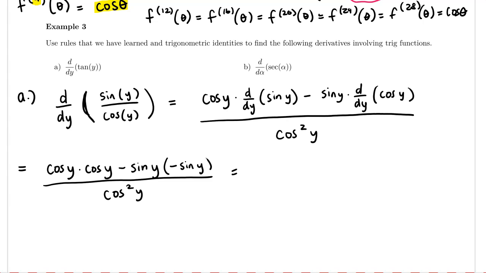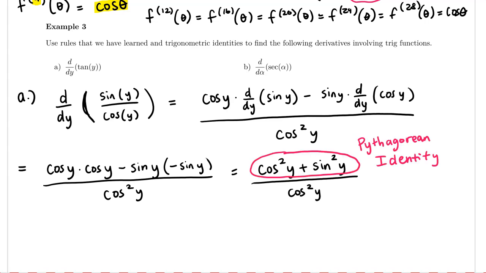All right, let's see what we can do with this. We have cosine squared y minus, if I multiply those two negatives, that's going to become plus sine squared y over cosine squared y. If you thought that the numerator looked familiar, you would be correct in that we can rewrite that using the Pythagorean identity.